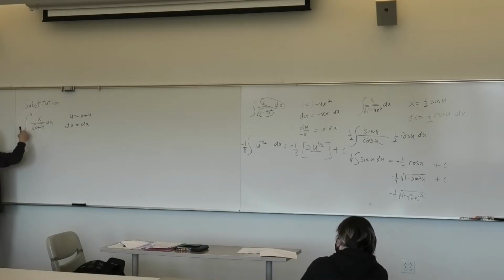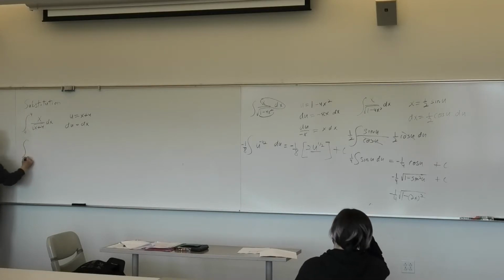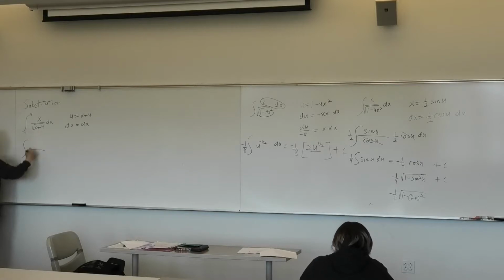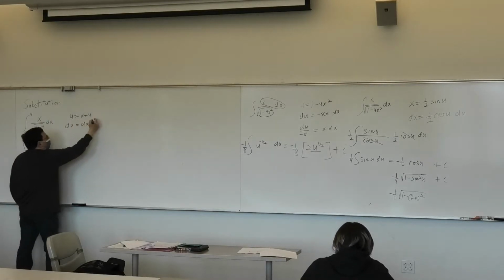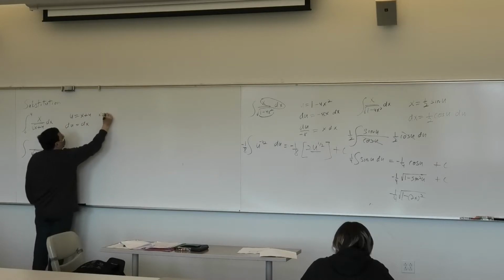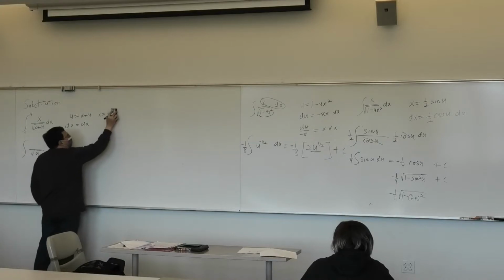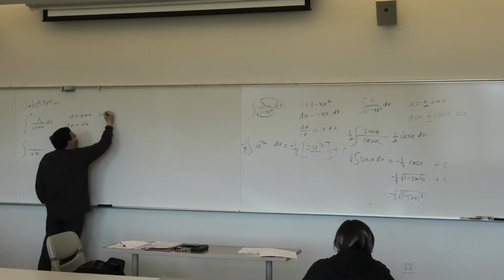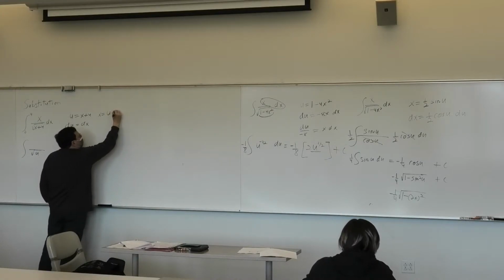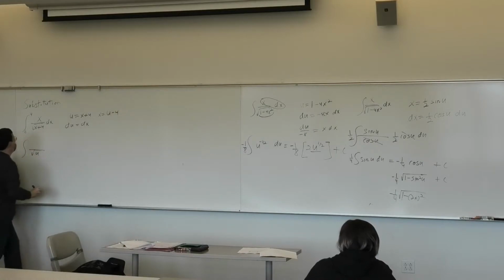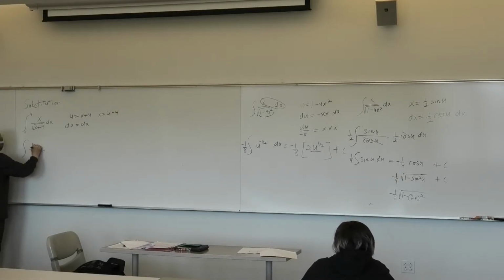And let's not pay attention to these right now. This just becomes what? Underneath, we have the square root of u. On top, well, we have to look here. x is equal to u minus 4. That's so sloppy. u minus 4, du.